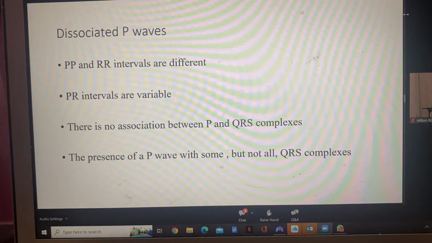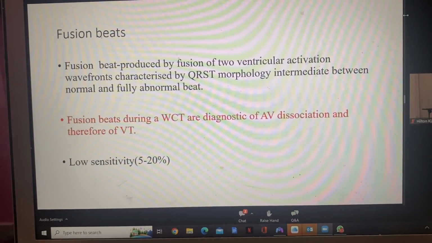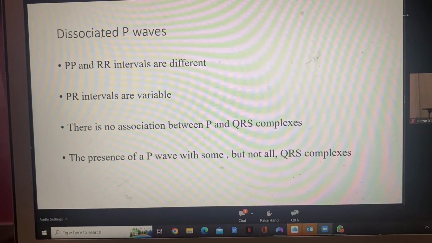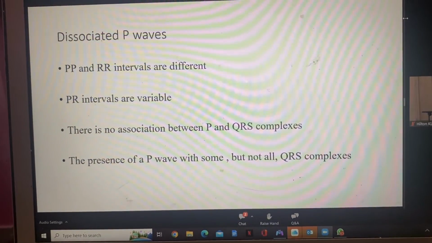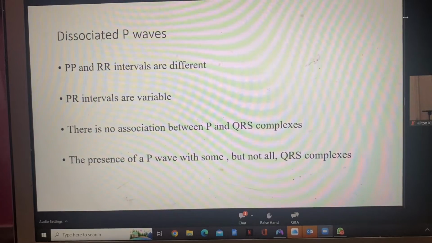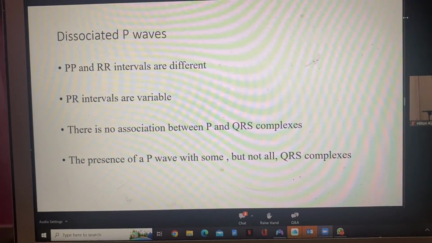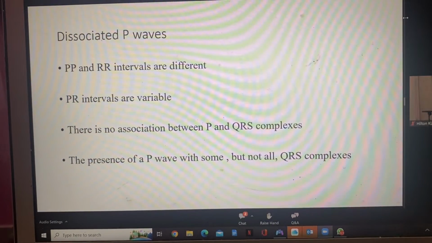So later I'll show you an example of the ECG. PP and RR intervals are different. PR intervals are variable. There is no association between P and QRS complexes. The presence of a P wave with some but not all QRS complexes.